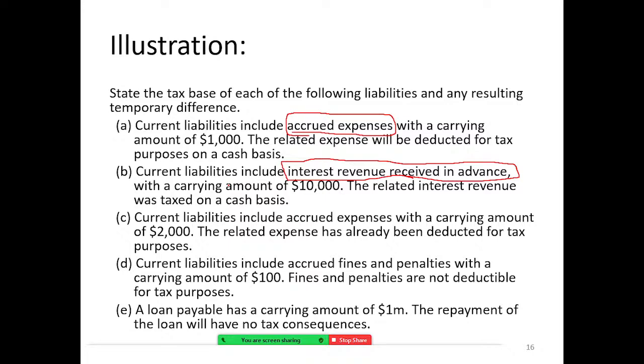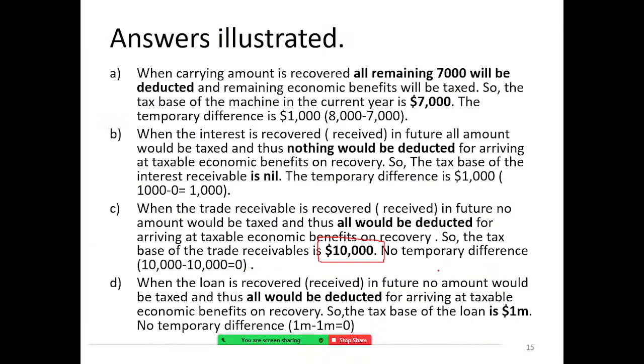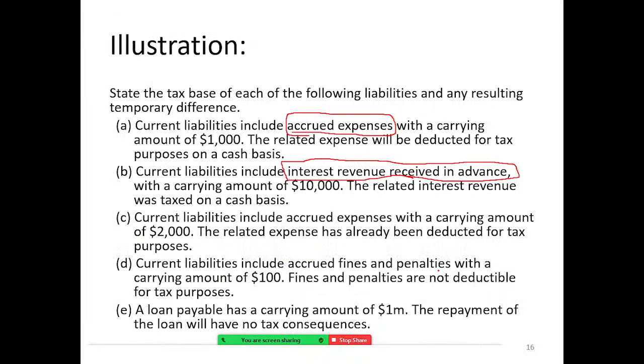So for this special treatment, the treatment for revenue received in advance, the tax base of the resulting liability is its carrying amount minus any amount of revenue that will not be taxed in the future. Here in this example, they already paid tax for this 10,000, so no more tax will be charged.